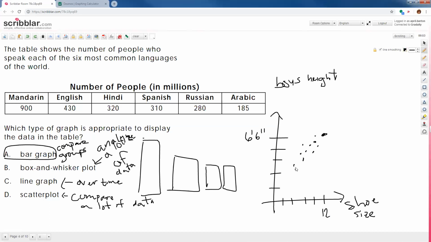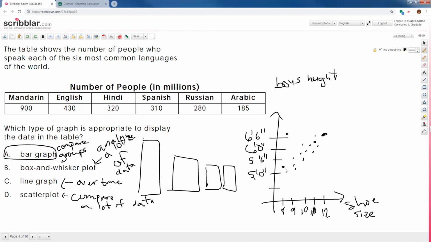Maybe someone who had a size 8 shoe was 5'2". He's kind of short. But then you might have some people that are called outliers. You might have a size 8 shoe, but he's 6'6". He's a really tall guy, but with short feet for some reason.